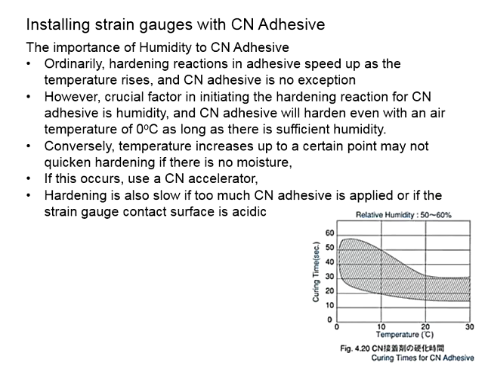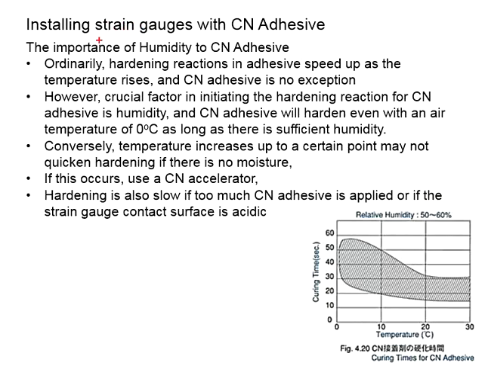In fact, we have discussed previously the principle of CN adhesive. It relies on the moisture in the air, which is the humidity, for the chemical reactions to harden. Once the CN adhesive is open, theoretically you have to use up the entire bottle. You cannot reuse it after a period of time.